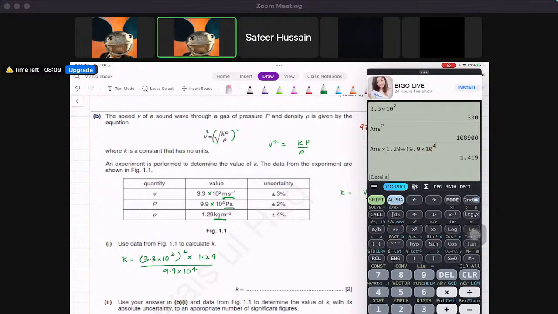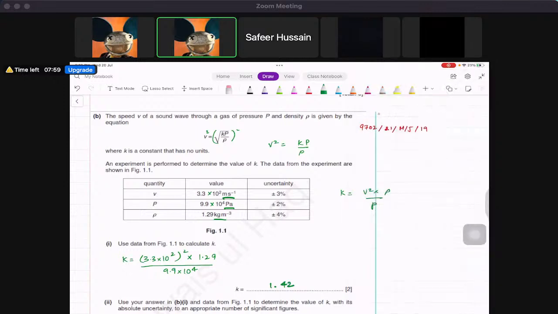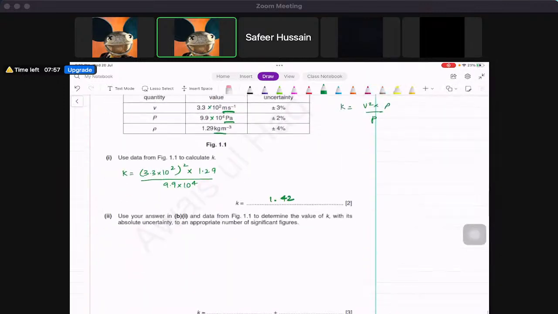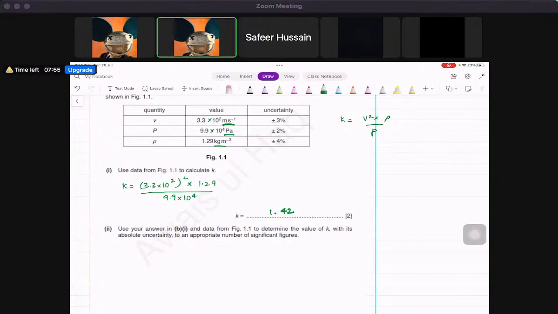So I'm getting 1.42 like that. Now let's move forward. The next question is the same. They say calculate the value of k with the absolute uncertainty.